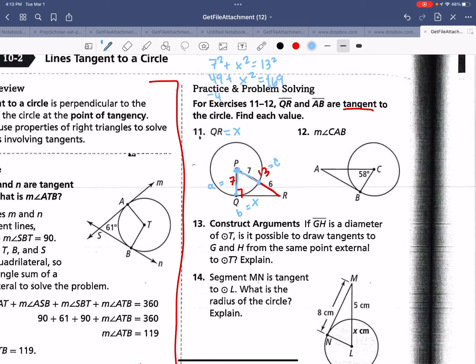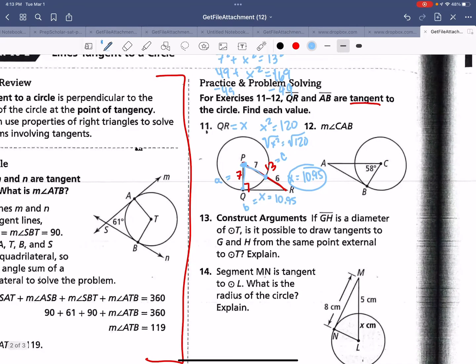So when I subtract 49 on both sides, we get x squared is equal to 169 minus 49, which is 120. So we can take the square root of both sides. x is 10.95. All right, and that number makes sense. It's a number between 7 and 13.